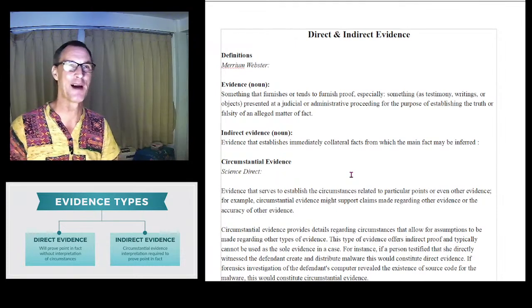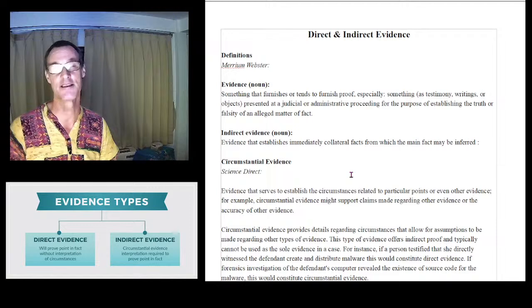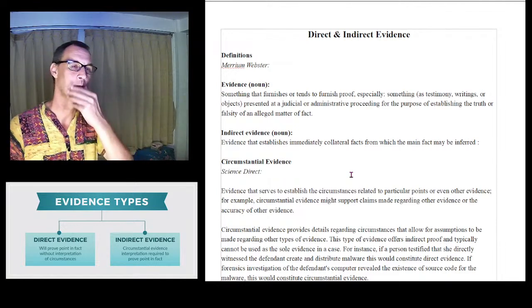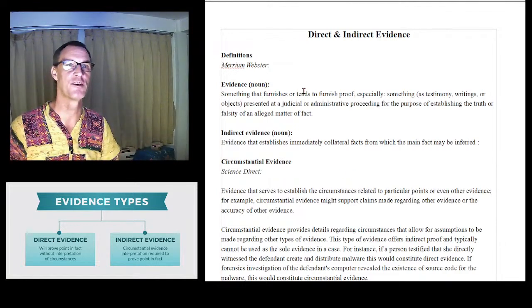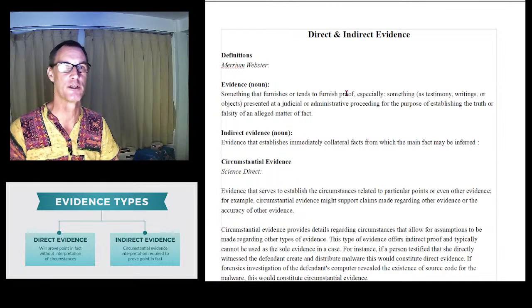go through the preamble of defining what evidence is to start with. So evidence is something that furnishes or tends to furnish proof, especially something as testimony, writings or objects presented at a judicial or administrative proceeding for the purpose of establishing the truth or falsity of an alleged matter of fact.